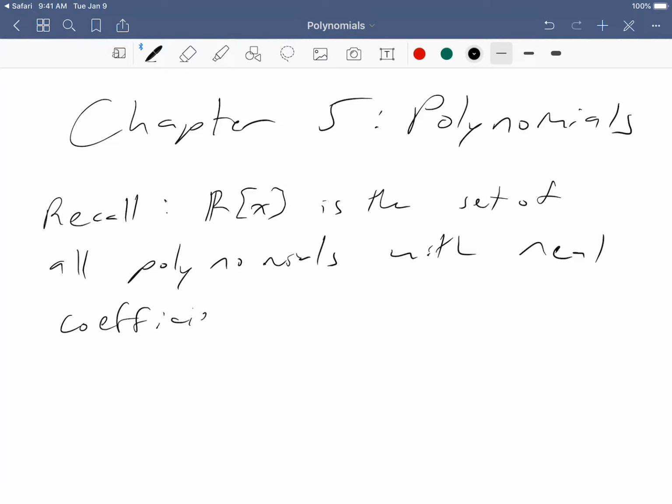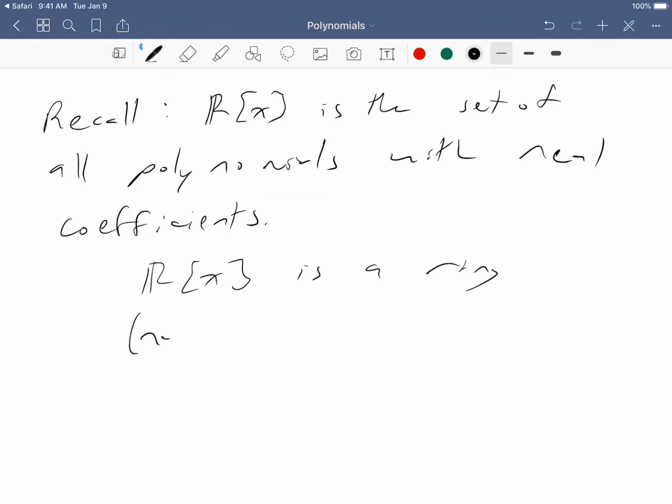It's a ring, so R[x] is a ring and not a field. And we know that, for example, 1 over x is not in there, because it's not a polynomial. There's no way to write that as a polynomial. It's a rational function. It has a polynomial in the denominator.